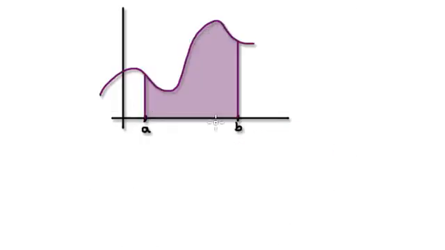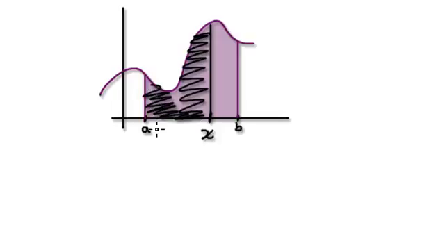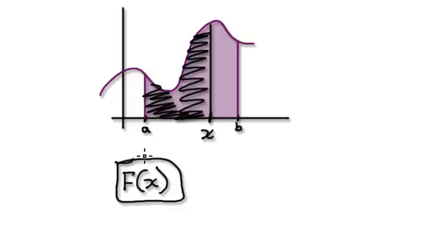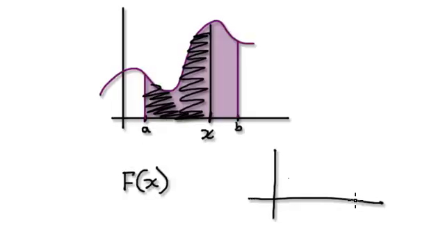But in short, we used x to represent this vertical line here. With the fundamental theorem of calculus 2, we are concerned about the area from a to x. So we would use this to label this area here. But then we translated this area into a line graph.